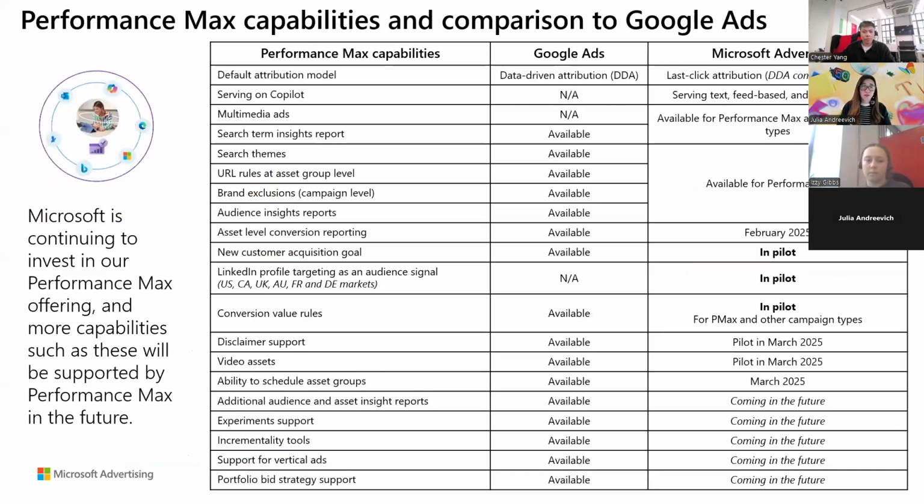This is a comparison table of features that are available with Performance Max on the Microsoft Advertising Platform and Google Ads. So I think the main difference between Google Ads PMax and Microsoft Ads PMax is that we don't have video inventory. And this is why our format is really performance oriented.